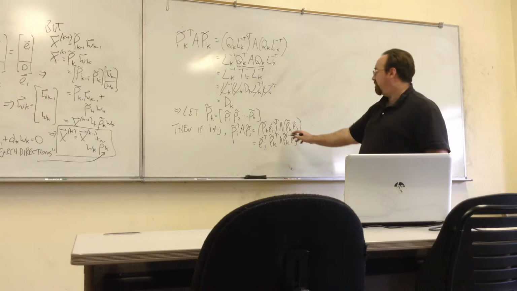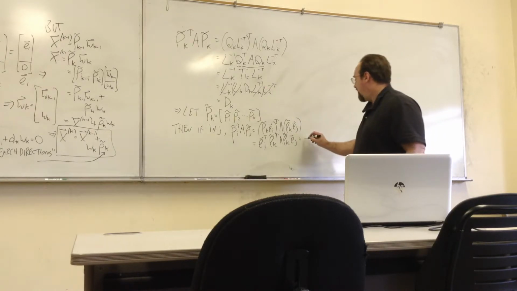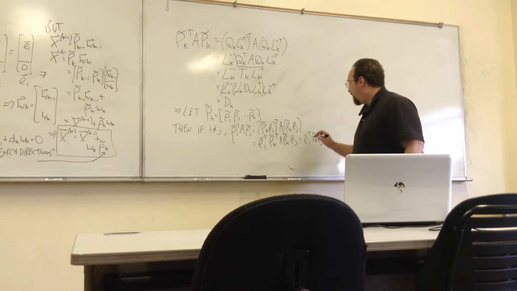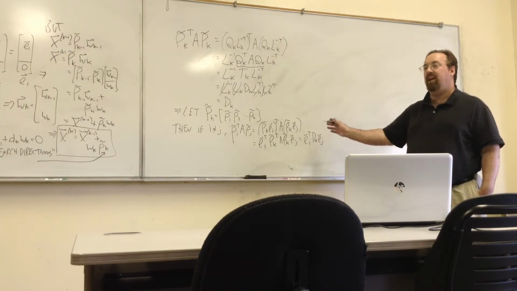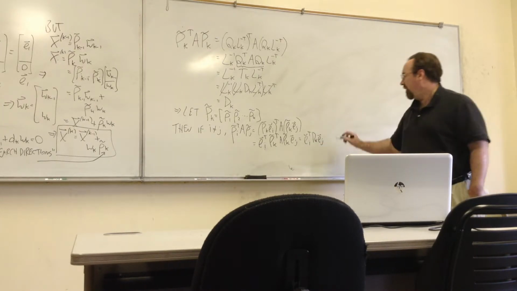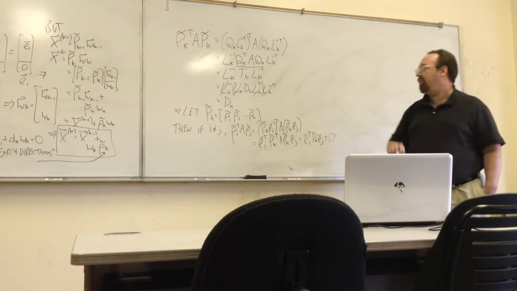But this matrix in the middle I just showed was Dk. So it's Ei transpose Dk Ej. But Dk is a diagonal matrix. This is an off-diagonal element of a diagonal matrix, so it has to be 0.